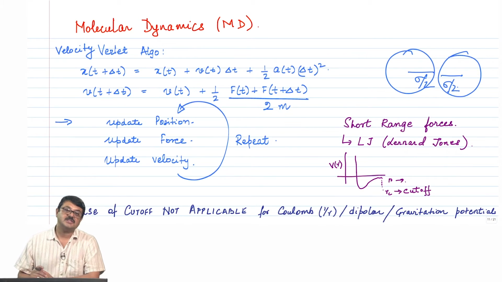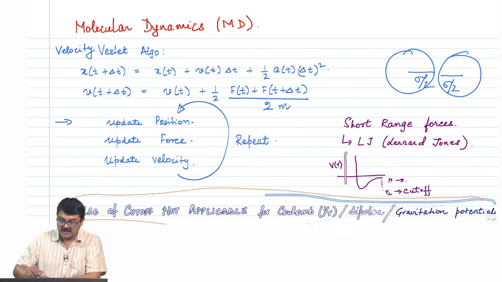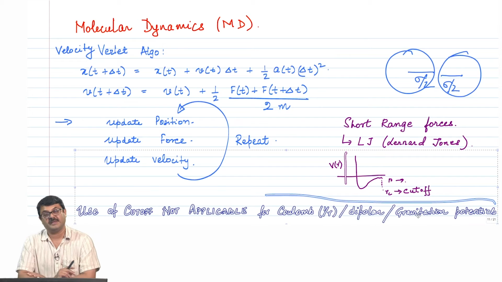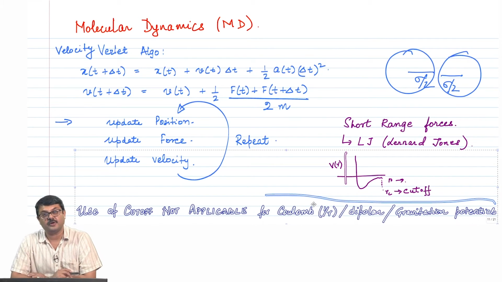So, this is a sharply changing force. However, if you had to work with interactions such as the Coulomb or the dipolar or the gravitational interaction, where basically the V of r goes as either 1 by r for Coulomb and gravitation, and for dipolar it goes as 1 by r square.